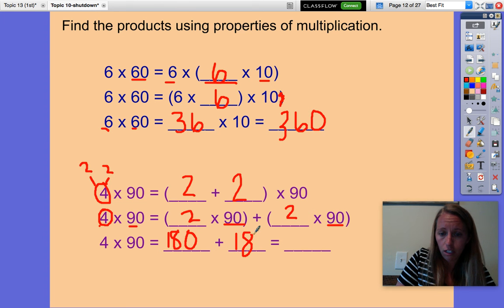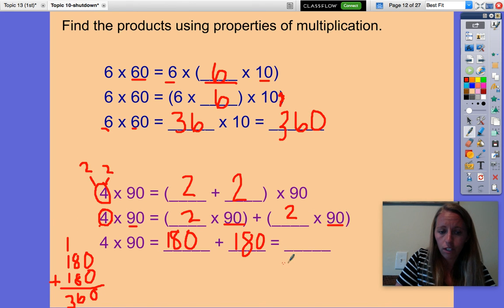180. What's 180 plus 180? If we don't know what 180 plus 180 is, you can easily write it down vertically. That's okay. Showing your work is always wonderful. 0 plus 0 is 0. 8 and 8 is 16. 1, 1, and 1.